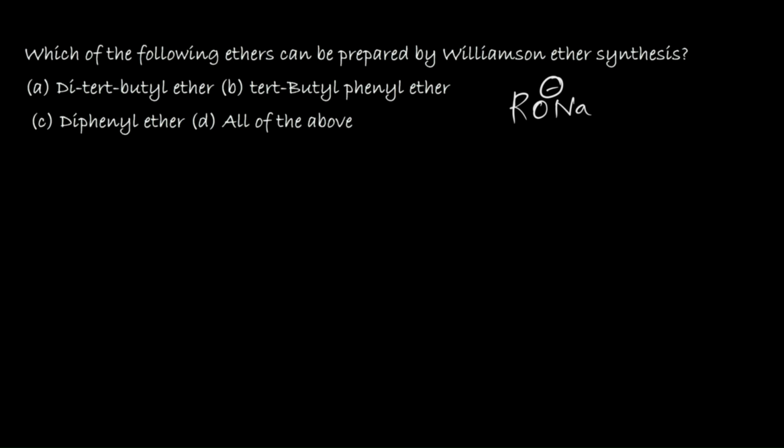Tertiary butyl phenyl ether, in option B, how can we prepare that? PhO minus plus tertiary butyl bromide. In this combination only we can prepare it, which follows the SN1 reaction mechanism.